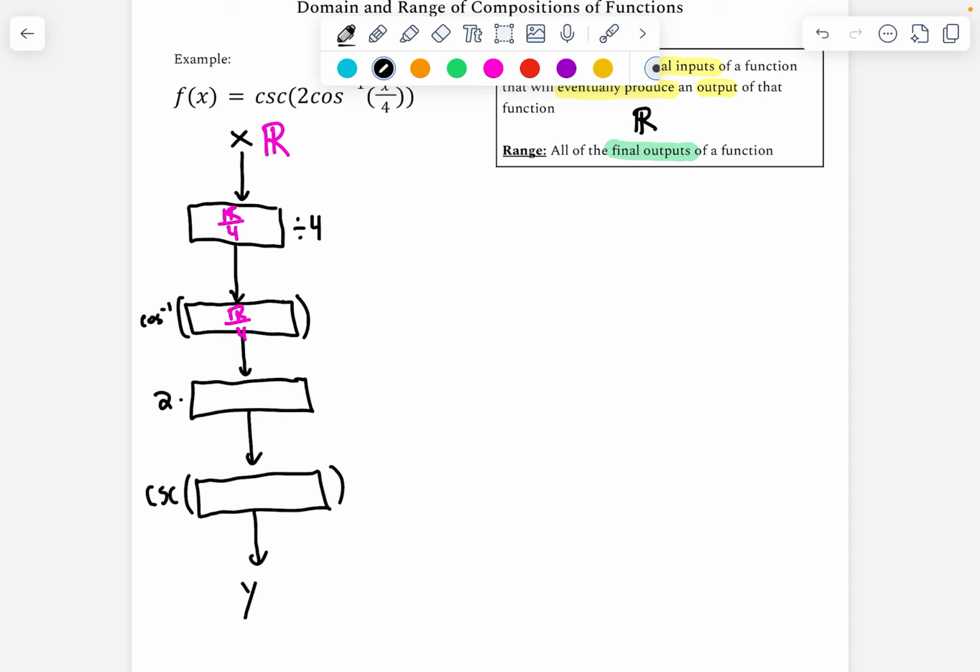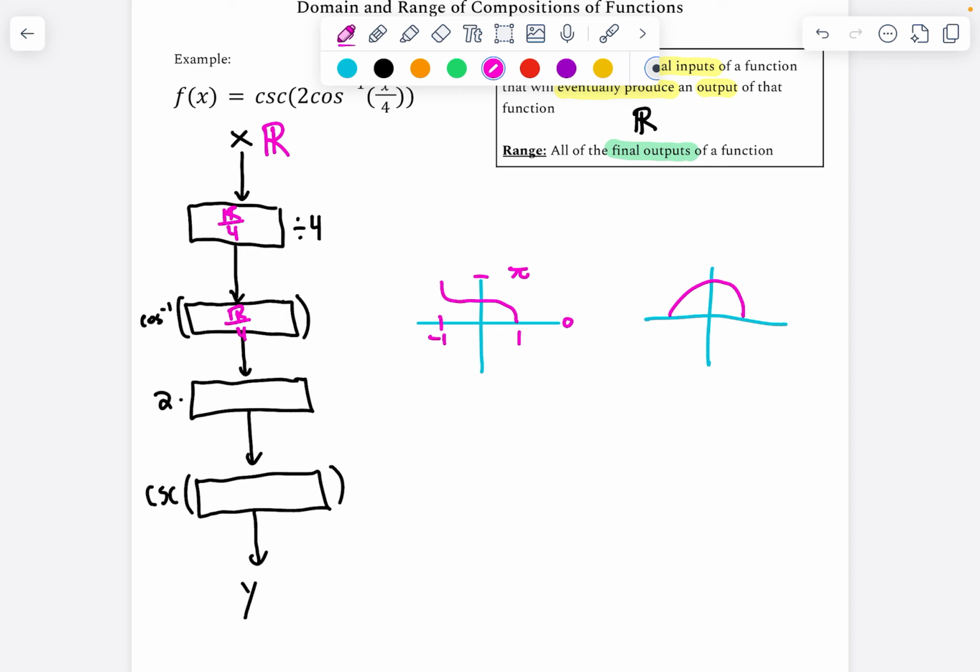At each stage, it can be helpful to sketch a little graph of the current function to remind yourself of what that function will actually accept. The cos inverse function only accepts inputs from -1 to 1, and it'll output things from pi to 0. Comparatively, on the unit circle, that comes from quadrant 1 and quadrant 2.